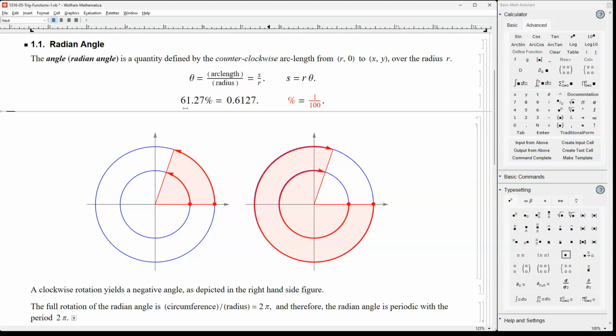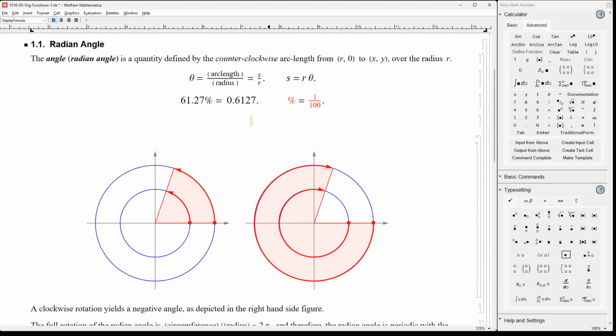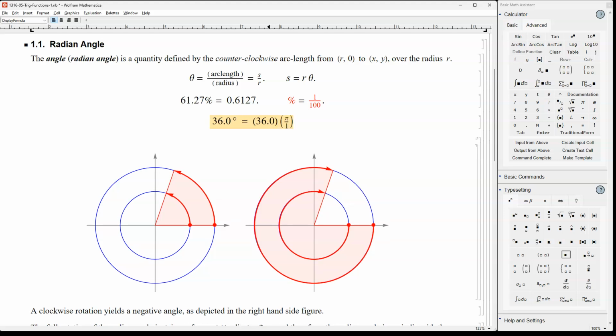That's what we are looking at in this formulation here. Exactly the same thing is going on here. 36.0 degrees. All right? That's the same as 36 times pi over 180.